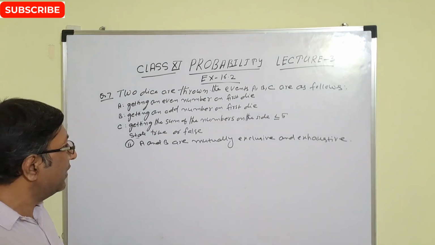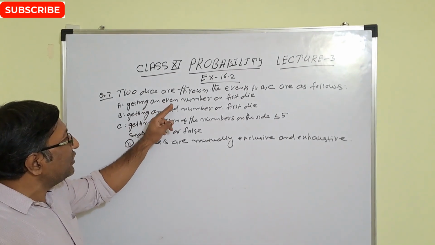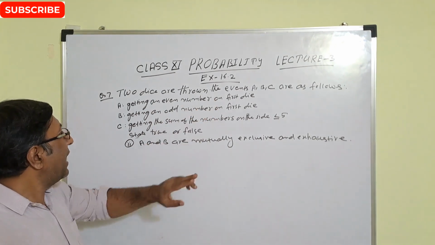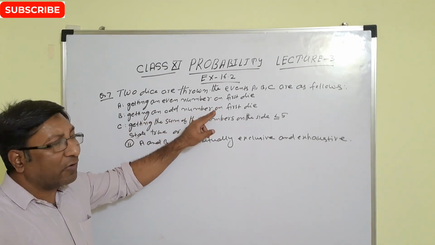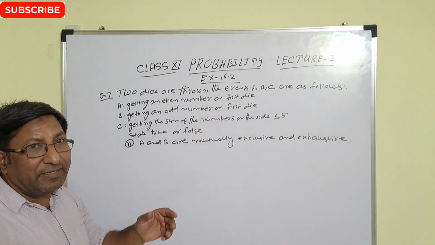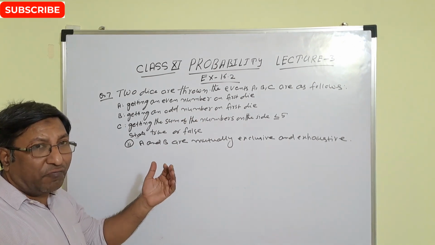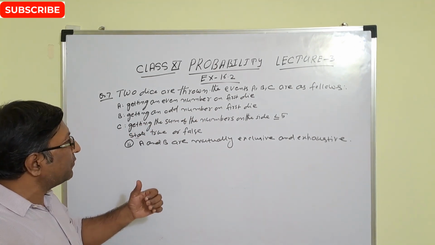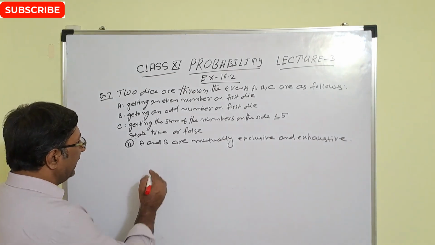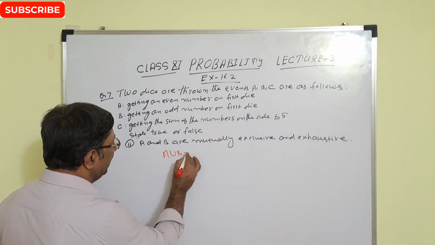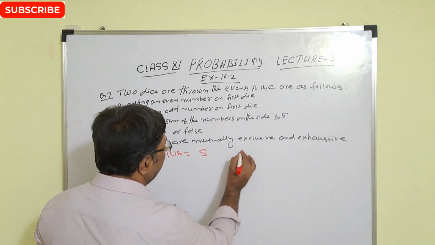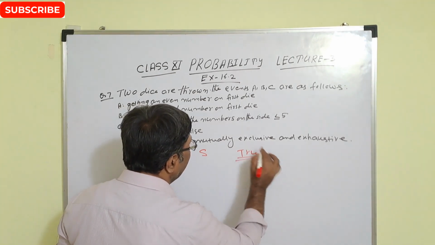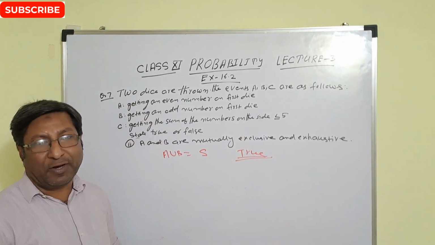Total sample space. So here A is getting an even number on the first die and B is getting an odd number on the first die. So on a die there are 6 numbers: 1, 2, 3, 4, 5, 6. So the total sample space will be A union B. So here A union B equals what? S. So it is true. Exhaustive and mutually exclusive, true answer.